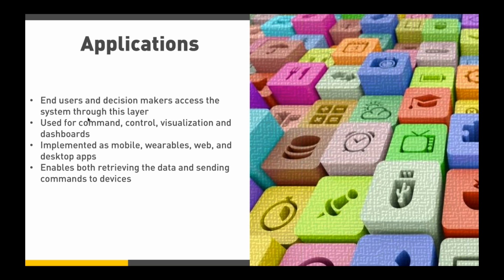The supervisor can quickly pull up his mobile phone, launch an app, and pause the entire process or even shut down the machine that is malfunctioning. So the application tier is also responsible for sending commands and controlling the connected devices.